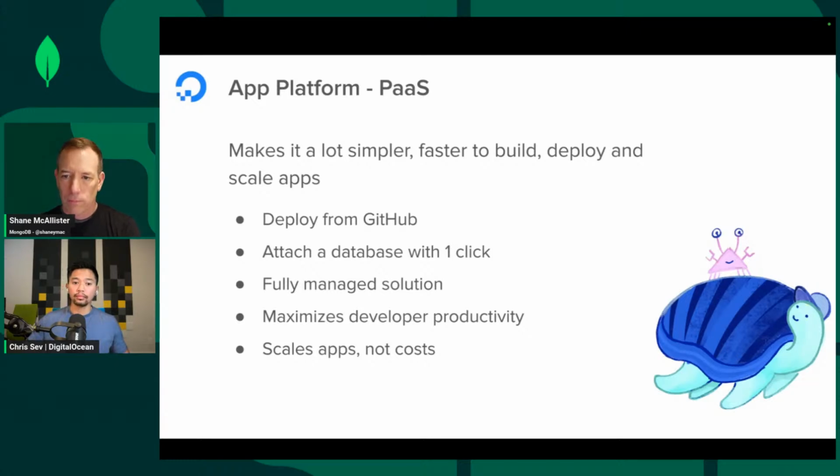I love that "scales apps, not costs" at the bottom, that bottom bullet. Yes, I think we all are pretty happy with that. Well, it's a worry for developers, and as you said, you appeal to entrepreneurs and small, medium businesses as well. And we see it all the time. What if my app takes off? What if things go viral?